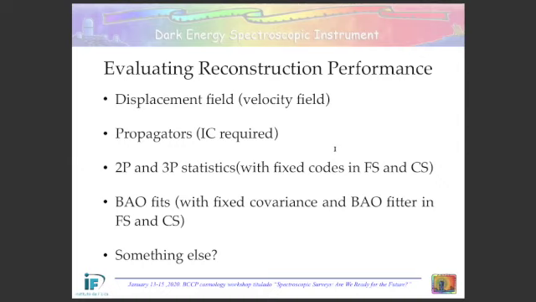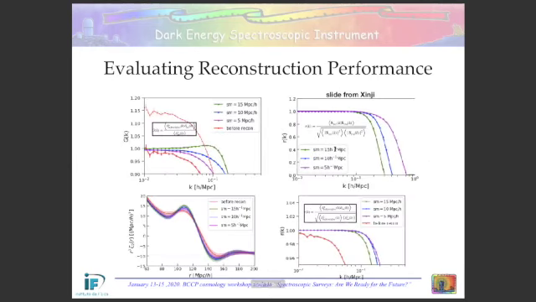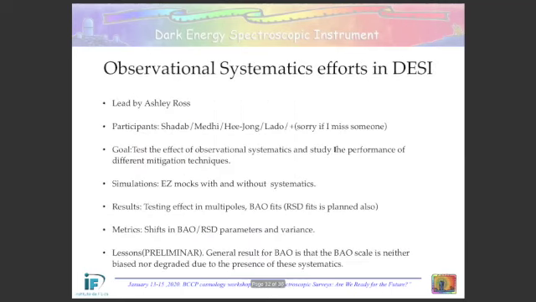I don't know if something else could be added, but I think with that we already cover a full range of metrics. You have already seen in previous talks the things that we would like to test in reconstruction codes.